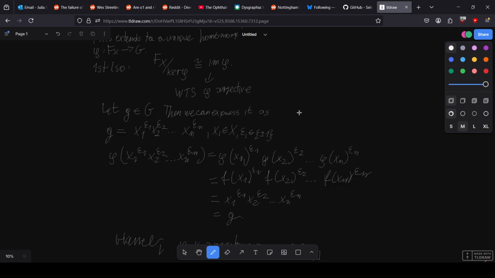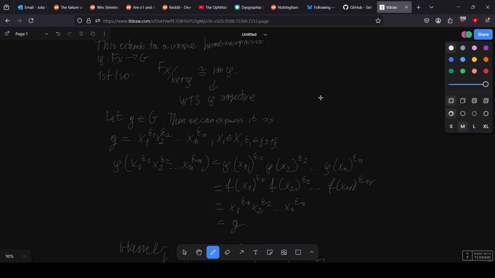What we are essentially proving above is that any symbol inside of G can be expressed as a combination of symbols that would be in the free group on X. And that means that any element in G is some combination of elements and their inverses in X. So we are essentially done.